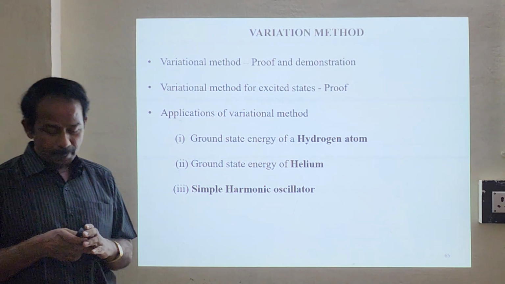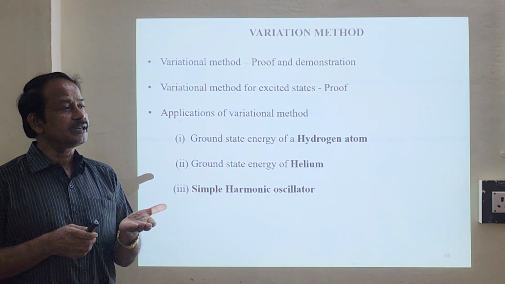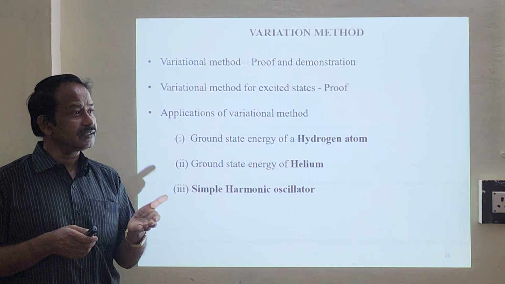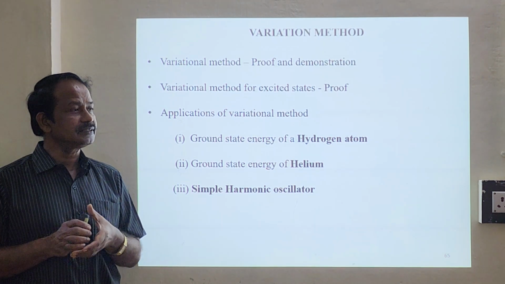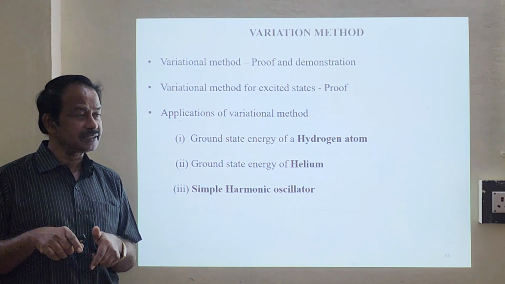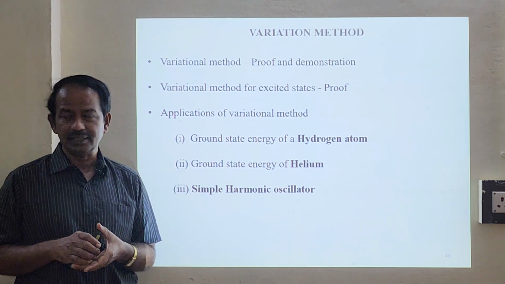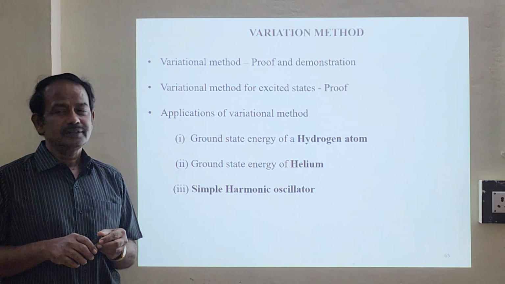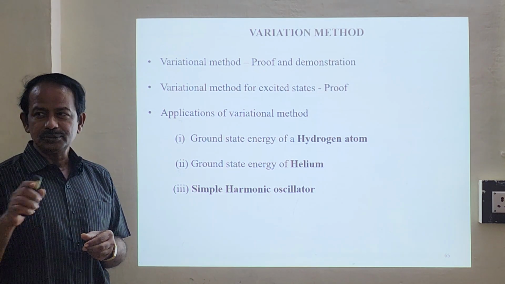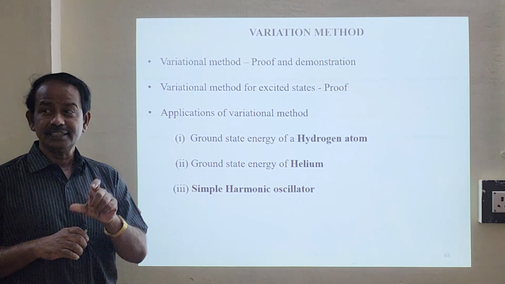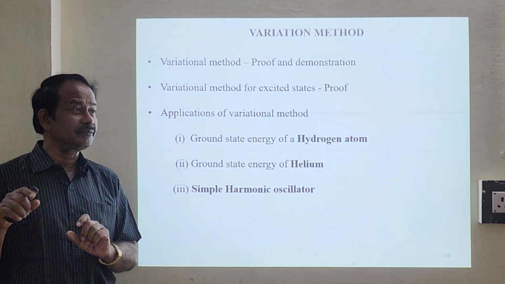For example, if we have a hydrogen atom, the binding energy of the electron to the proton in the hydrogen atom, as we have already studied, is minus 13.6 electron volt. Suppose you choose one wave function and you get the energy eigenvalue minus 12.5 electron volt.